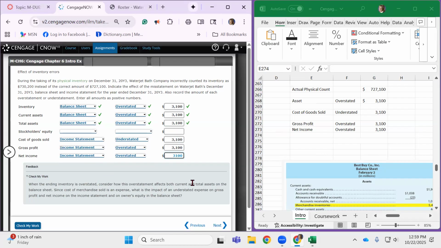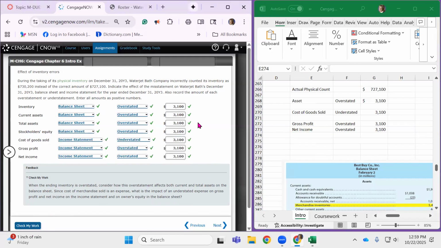So if cost of goods sold doesn't have enough in it, then your gross profit is overstated, and so is your net income. And remember, the result of net income goes into equity, and equity is on the balance sheet. It is overstated too. So we actually need to go back and repair these financial statements because one little miss in the count of inventory, look at all the problems, right?